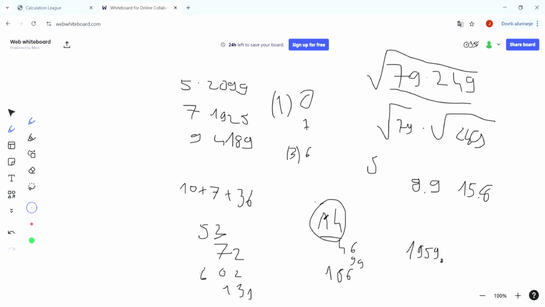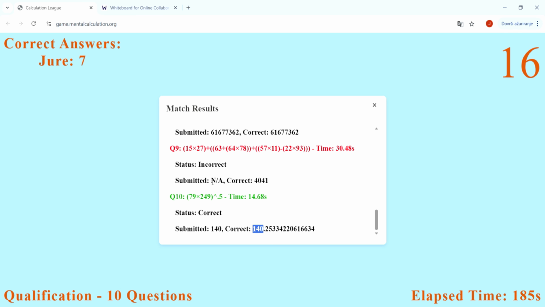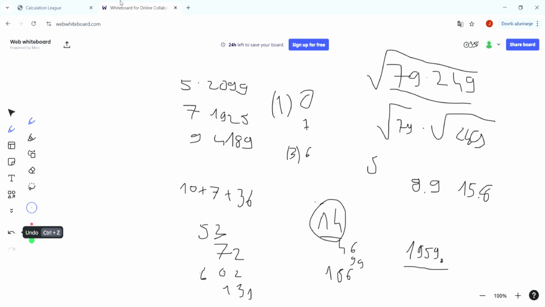And if you get 1 digit just, it's 4 digits. So we know that this number will be 1959 or something greater than that. So I just tried 140, because I saw the first 3 digits, and you can do square root of a 5-digit number by seeing the first 3 digits.